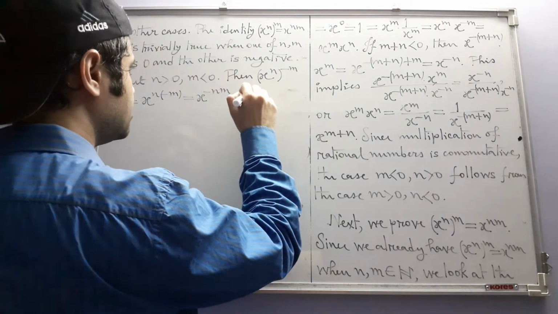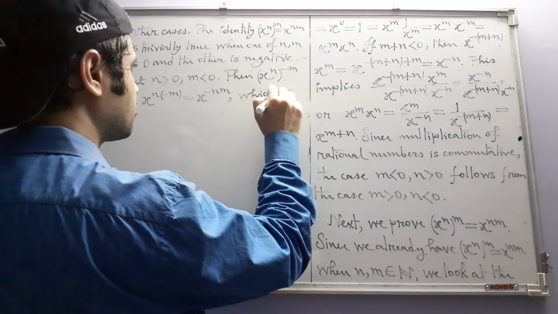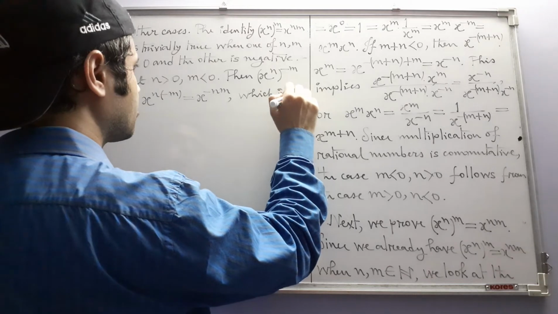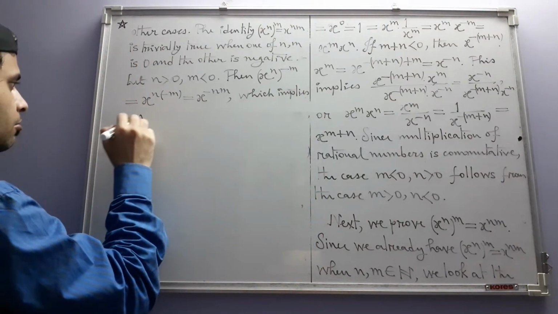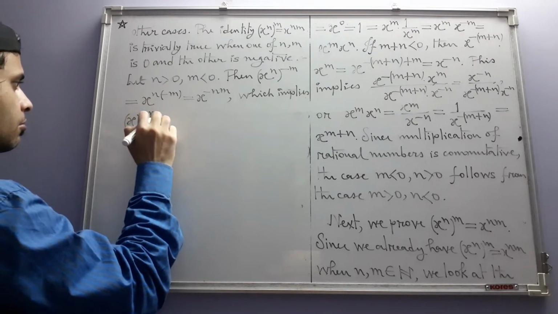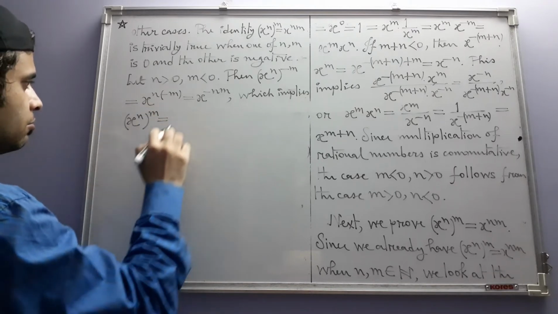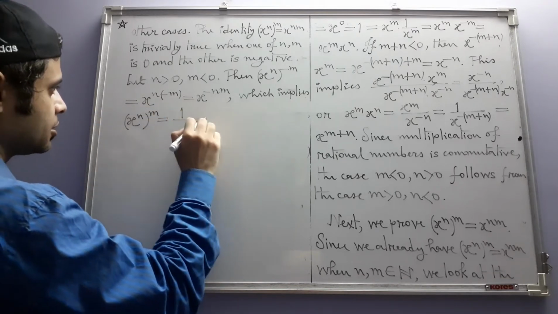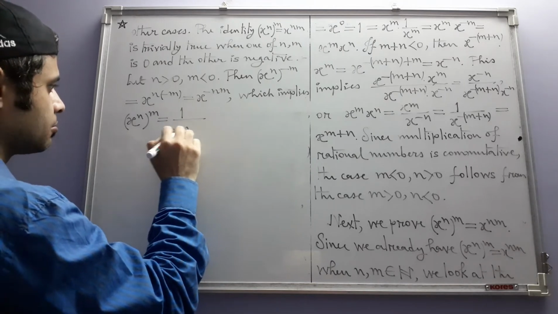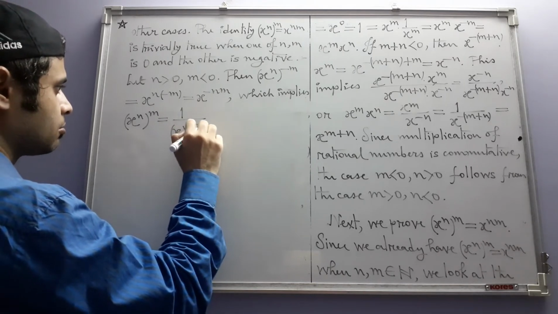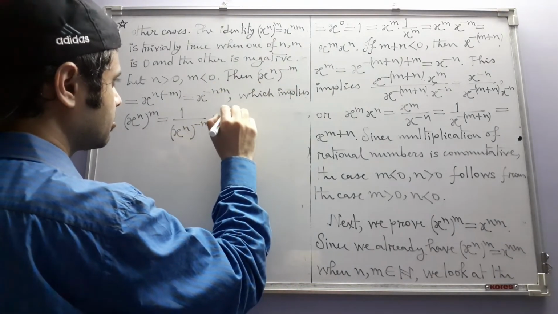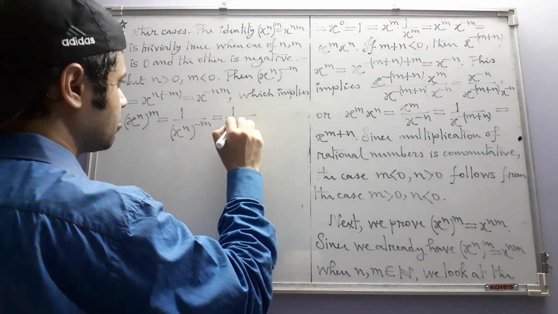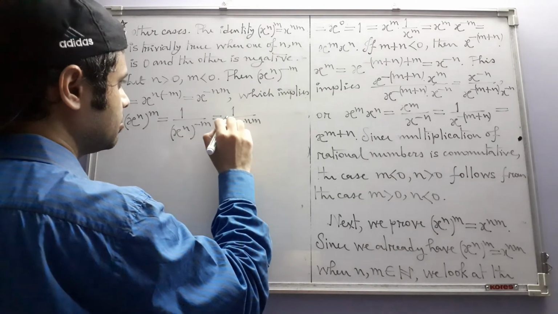Which implies, when m is negative, by definition this is equal to this, but this is equal to this, x to the power minus nm.